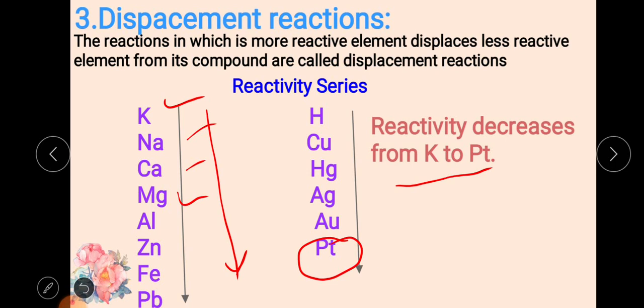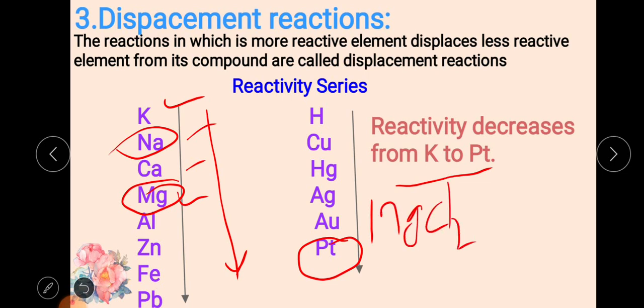So from this what will we conclude? Any less reactive metal, when it reacts with a highly reactive compound, may not displace it. For example, if you take MgCl2, magnesium chloride, plus sodium, the sodium can displace the magnesium easily. How can we come to know that?